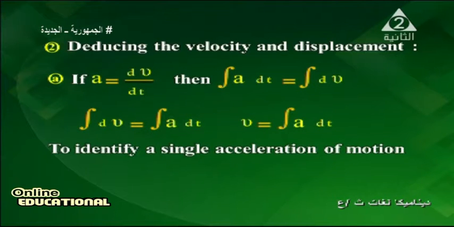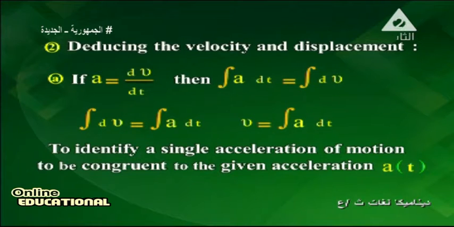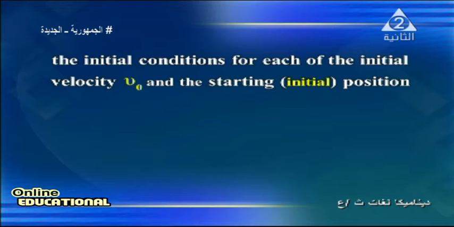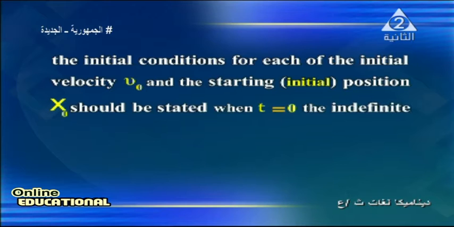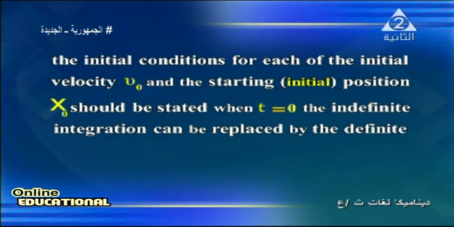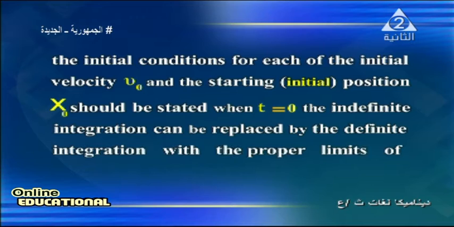To identify a single motion, we take the acceleration to be equal to the given acceleration a of t. Here a is a function of the time t. The initial conditions, the initial velocity v naught and the initial position x naught, should be taken when t equals 0. The indefinite integration can be replaced by the definite integration with the proper limits of integration.